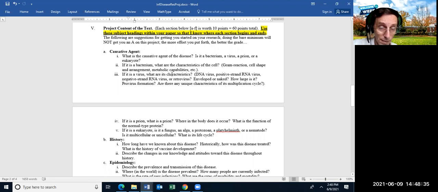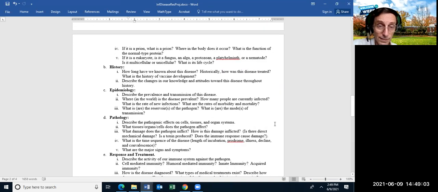What are its metabolic capabilities? And other things known about that bacteria. Now, obviously, that would be only if it's a bacteria. If it's a virus, you do something similar, but for a virus. If it's a prion, you tell us about the prion. If it's a eukaryote parasitic infection, then you tell us about the parasite.